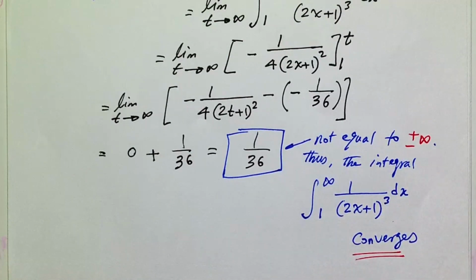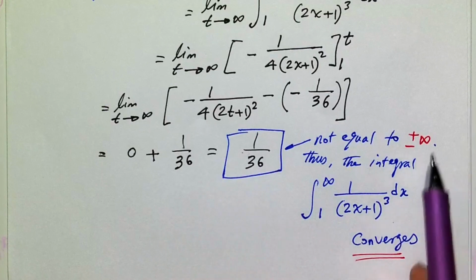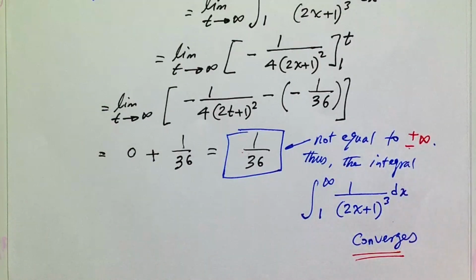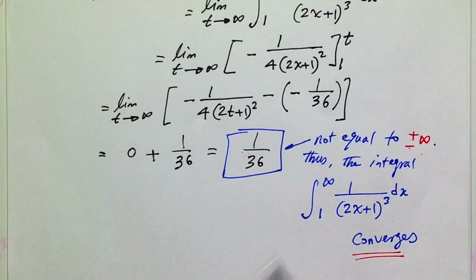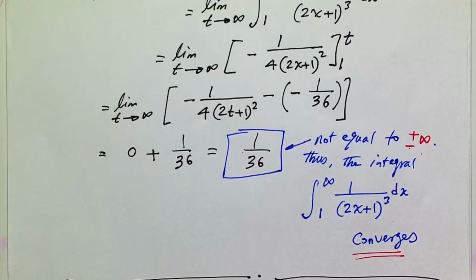So the only case where the original integral diverges is when this quantity is either plus infinity or minus infinity, and we're clearly not that. Okay, let's do another example.